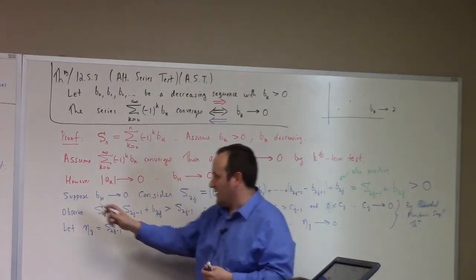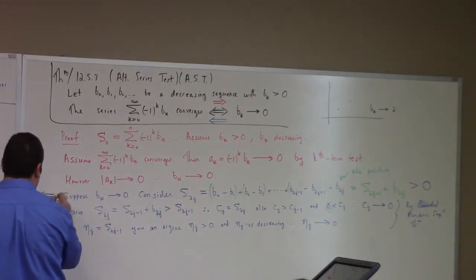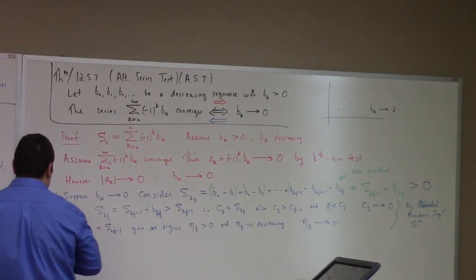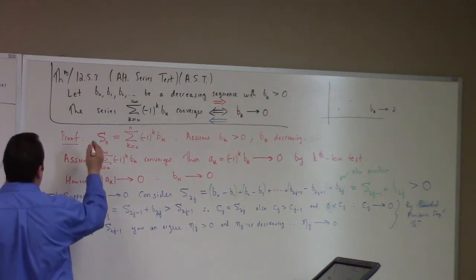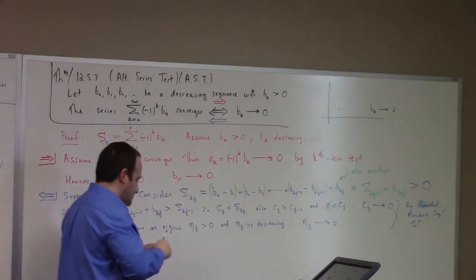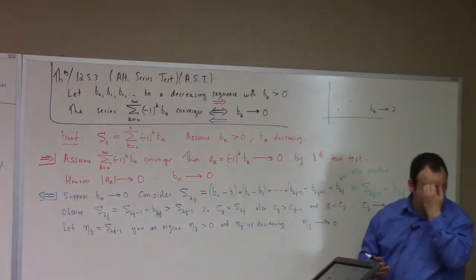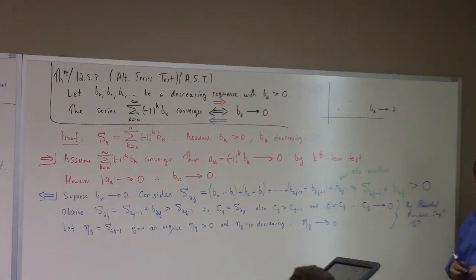So here's that part, right? Now, suppose b sub k goes to 0. The way to do this is to look at an even partial sum.